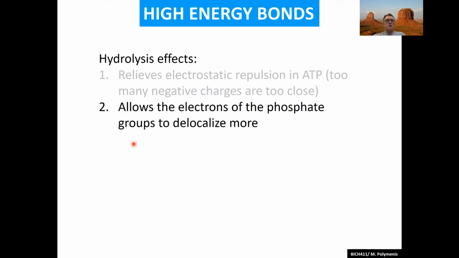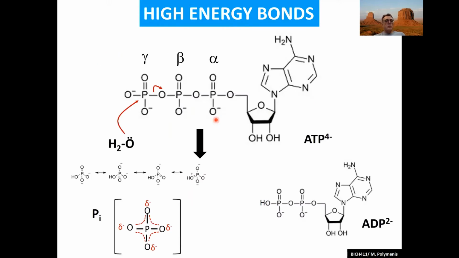The second reason is that you also allow the electrons of the phosphate groups to delocalize more. So what do we mean by that? So take, for example, the phosphate that's generated here after hydrolysis. You have the phosphoryl and the hydroxy group from water makes you a phosphate. And the more you can bounce around the electrons, okay, on the phosphate or on any molecule really, the more stable that molecule will be. And there are many coordination states, and so you can move them around.